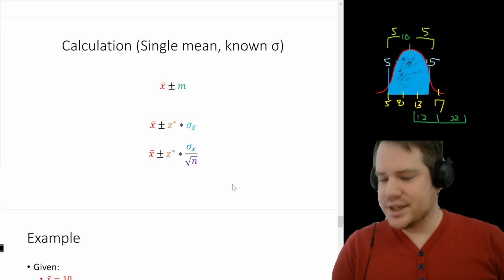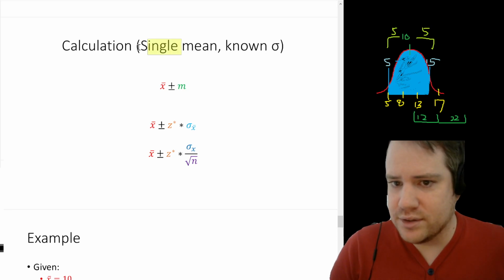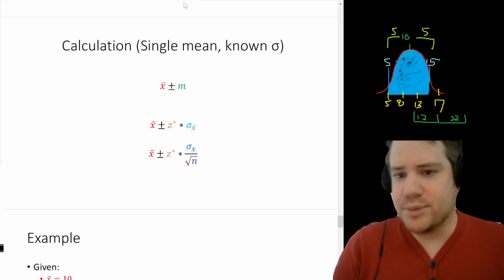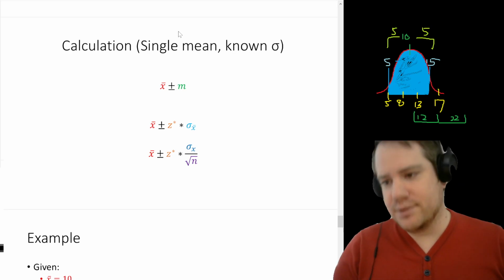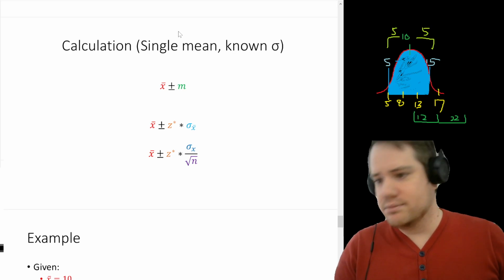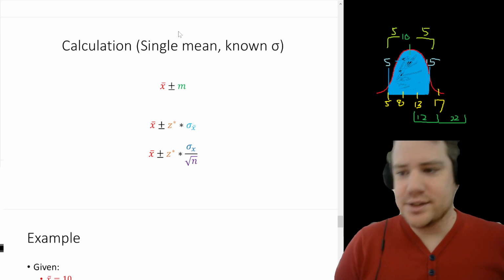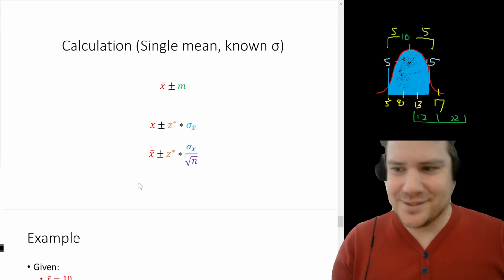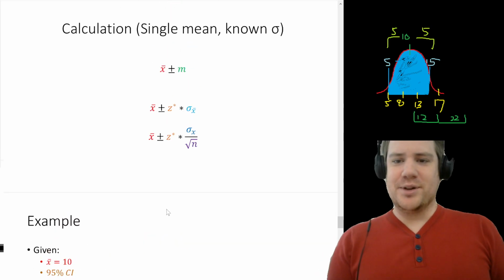In this case, if you have a known standard deviation and you're interested in a single mean and what the population mean could be, this is the right method to use. If you're in a different scenario, maybe you have two means, then you have different methods for that. So that's why you want to keep this information ready, but not go too far beyond what we're doing now.